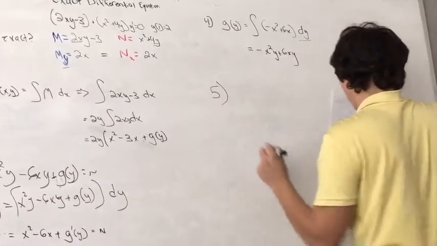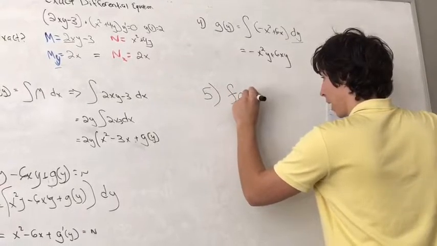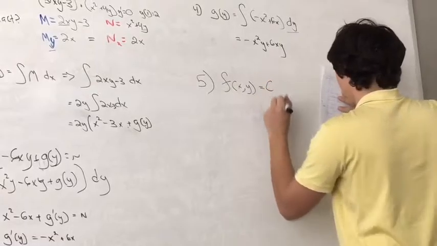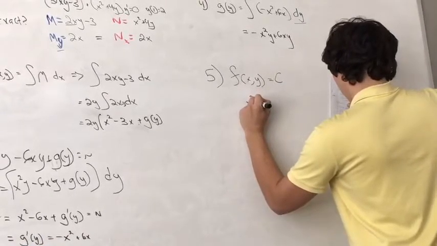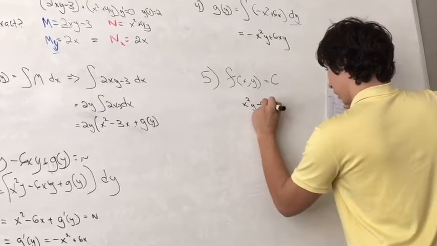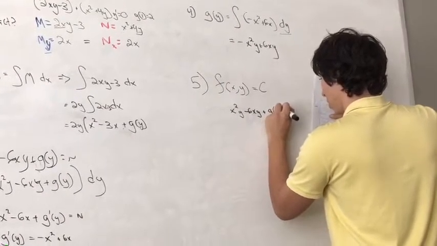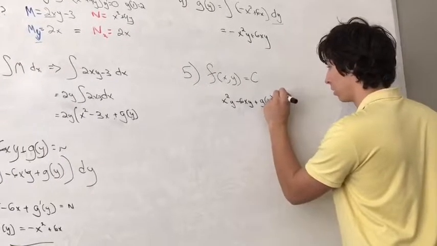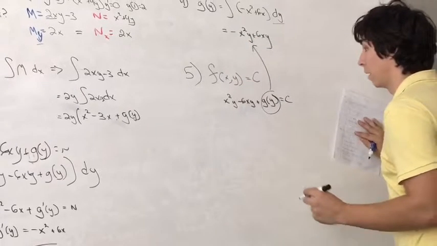So our fifth step is going back and finding f of x and y. We're equating this to c. So we have x squared y minus 6xy plus g of y equals c. We know that our g of y equals this.